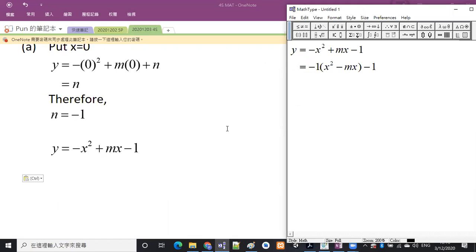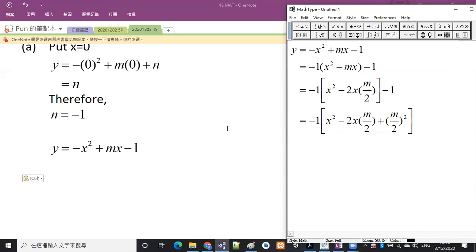Like this, okay? And then -1, so write this as x squared minus 2xy. And the y will be m over 2 this time, right? And then minus 1 outside, and add an extra term, x squared minus 2xy plus y squared, and then subtract y squared minus 1.